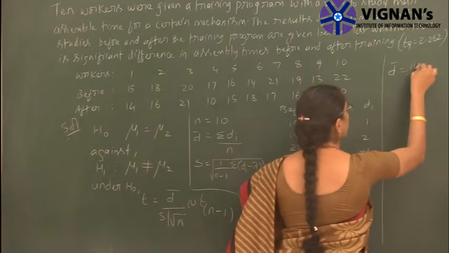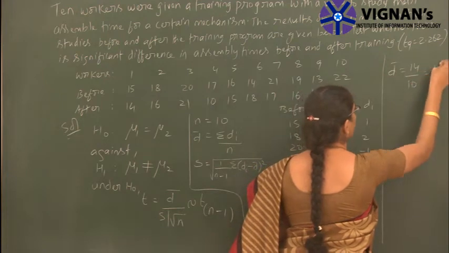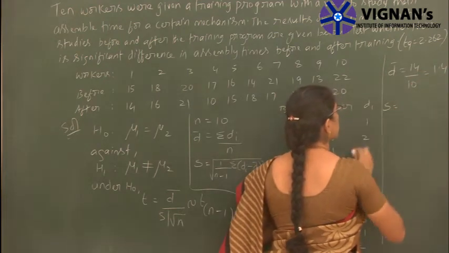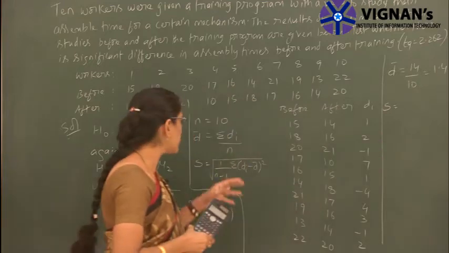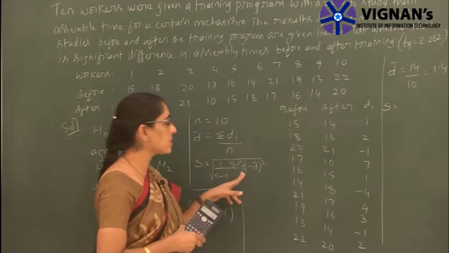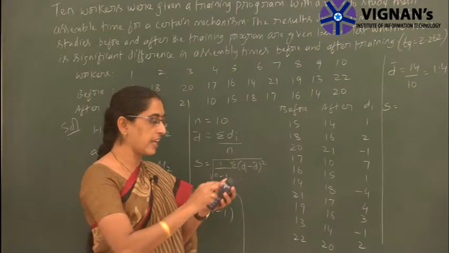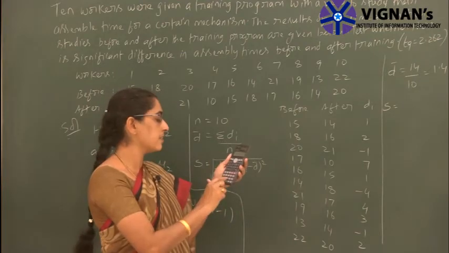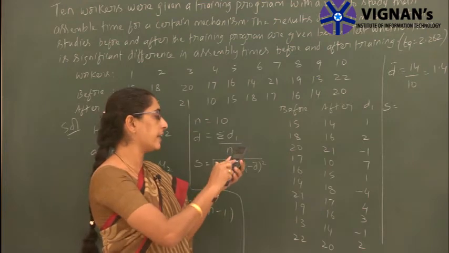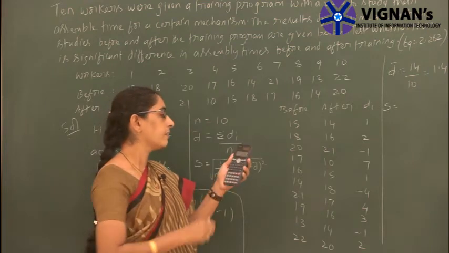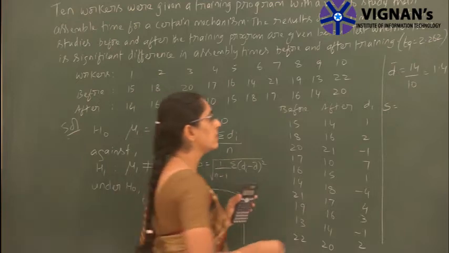So 14 by 10 is 1.4. Now capital S has the formula square root of 1 by n minus 1 summation of di minus d bar square. If you press shift 2, the third option is capital S. The value is 3.0258.